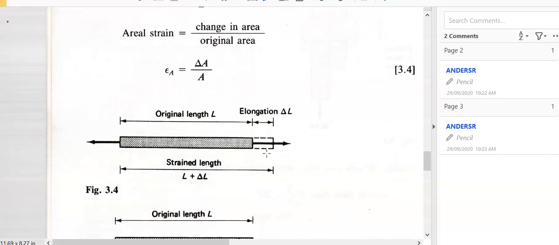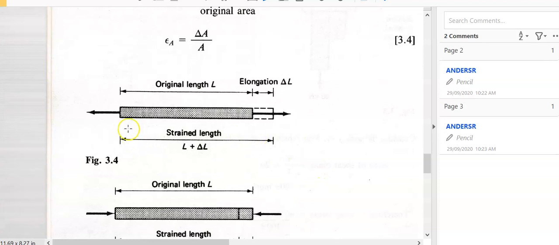Right? There it is in picture form. There's our bar. Let's call it a steel bar. This bit here, from there to there, is the original length. And when I stretch it, the changing length, which is very small, divided by the original length gives us a strain.